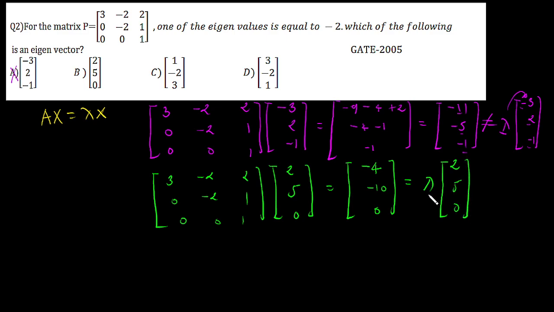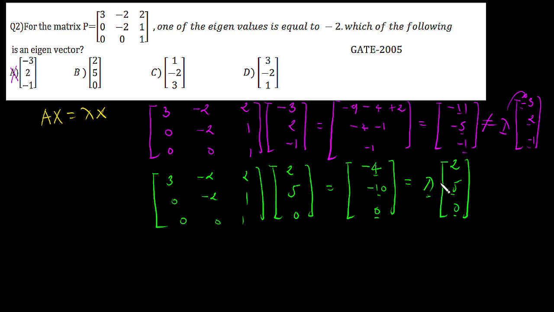Now again let's select lambda equal to minus 2 and put it here. Let's multiply this minus 2 with this vector. Here we are getting minus 4, which is exactly the same as this one, and here also we are getting minus 10, which is exactly the same as this one, and the last entry remains as it is because we have 0. So all the entries on the left hand side and right hand side are equal.